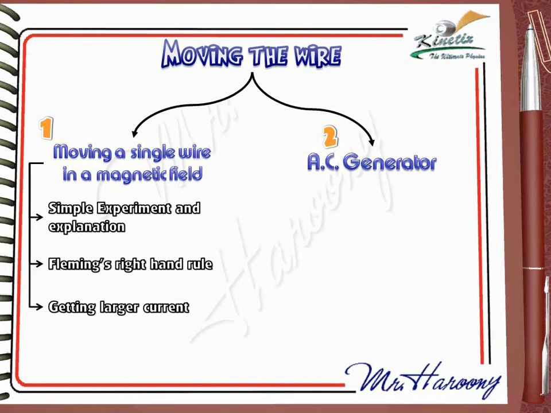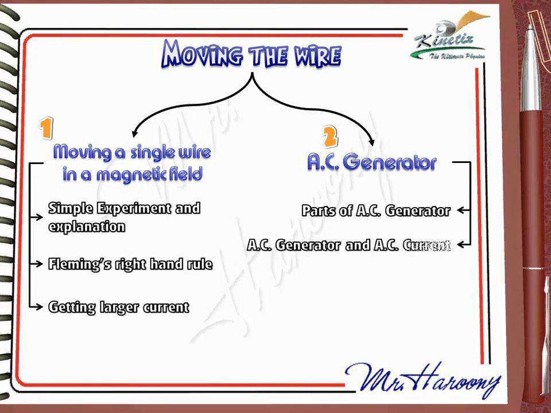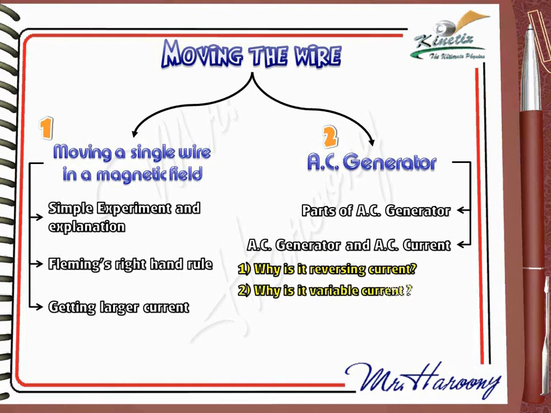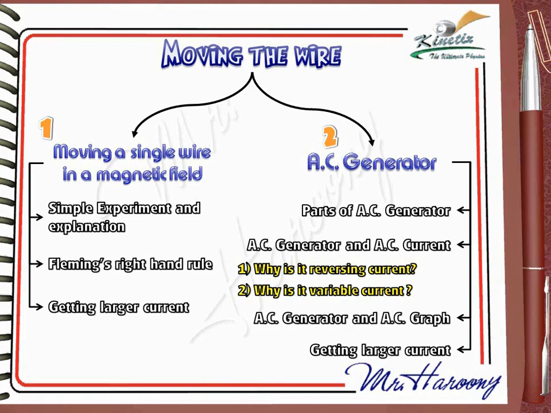Number 2, the AC generator. We studied the parts of the AC generator. After that, the relationship between the AC generator and the produced AC current. We answered two questions: why is this current reversing and why is it variable? After that, we drew the graph of the AC current produced from the AC generator, and after that we learned how to get a stronger current.